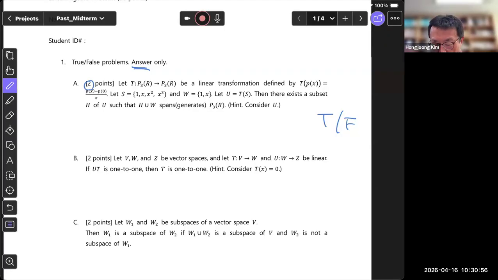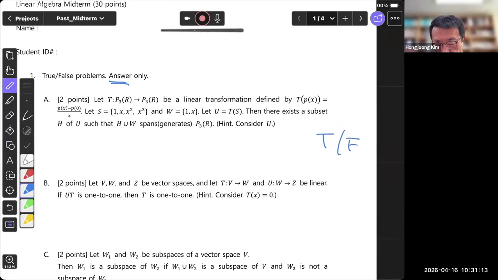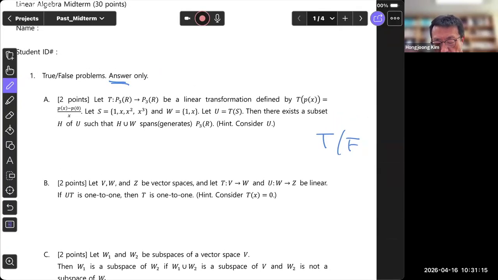For example, if I consider this mapping T from P3 to P2 defined by this, and S is given, and W is also given here.